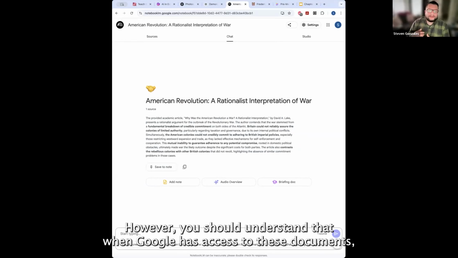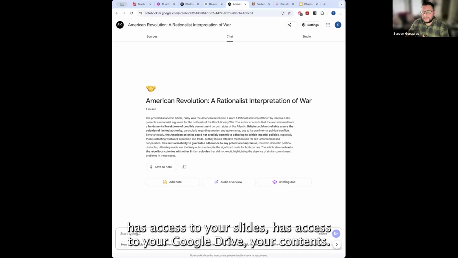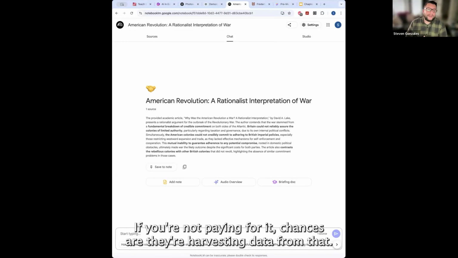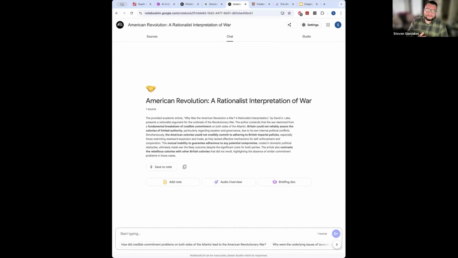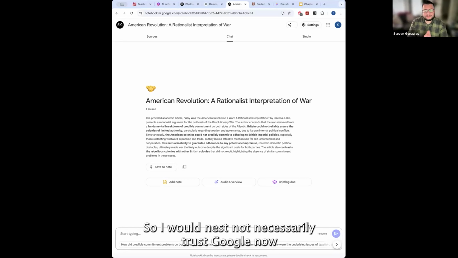However, you should understand that when Google has access to these documents, your slides, your Google Drive, your contents, if you're not paying for it, chances are they're harvesting data from that. So I would not necessarily trust Google.